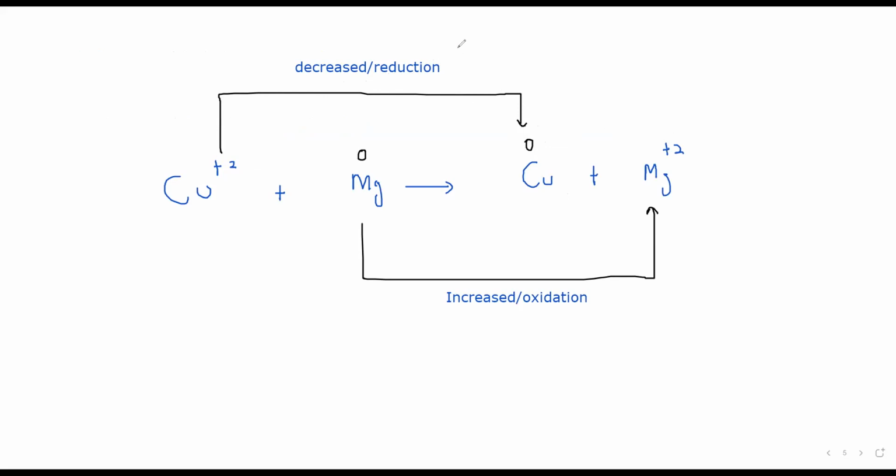So it is oxidizing agent or oxidant. I'm writing in short OA. OA means oxidizing agent. For magnesium, oxidation happens. So which agent is magnesium? It is a reducing agent or reductant. So I can say RA.